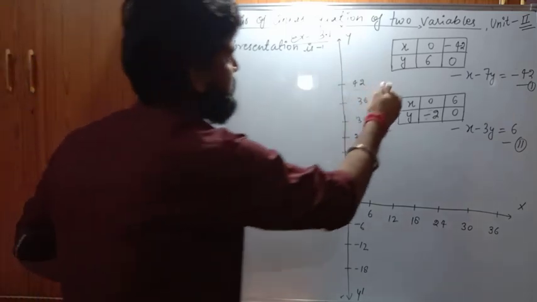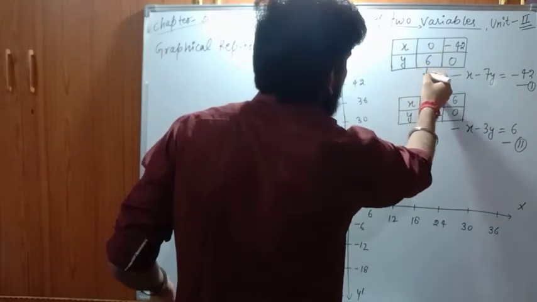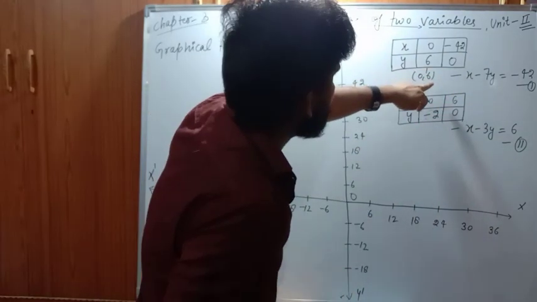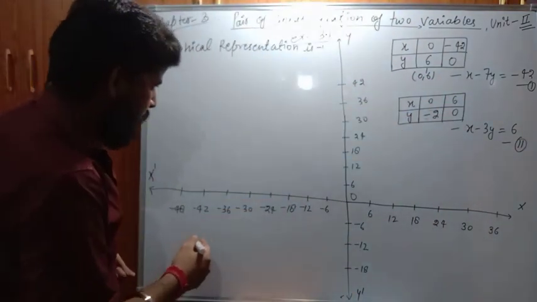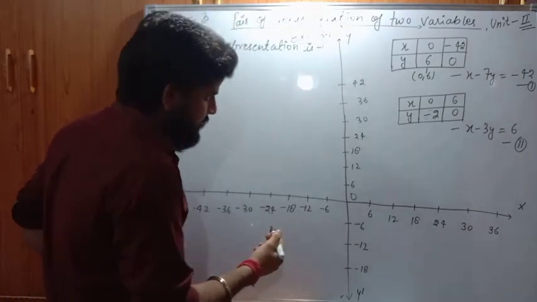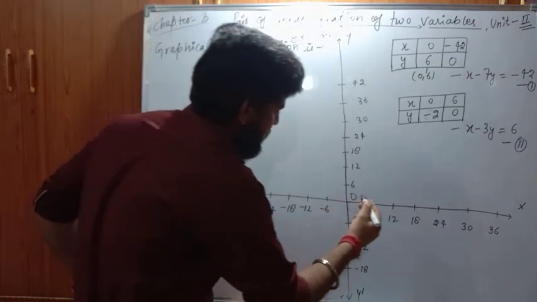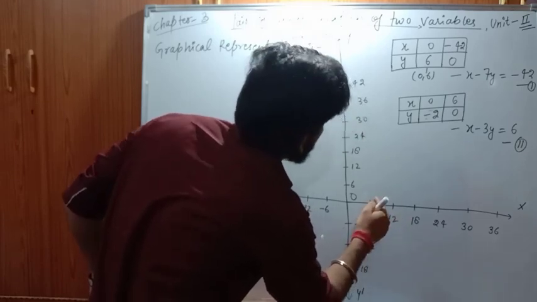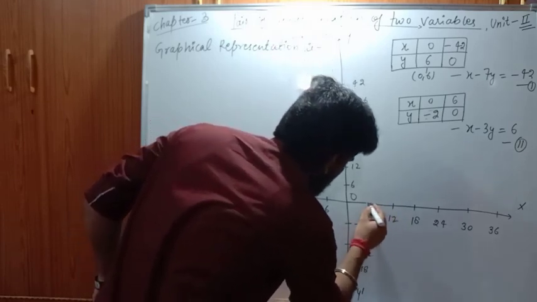Okay, so in the first equation, x is 0 and y is 6. So x is 0, so y is 6, that is here. Sorry, not this, this is the x-axis.